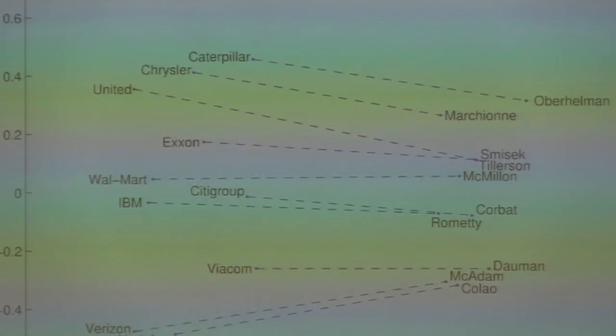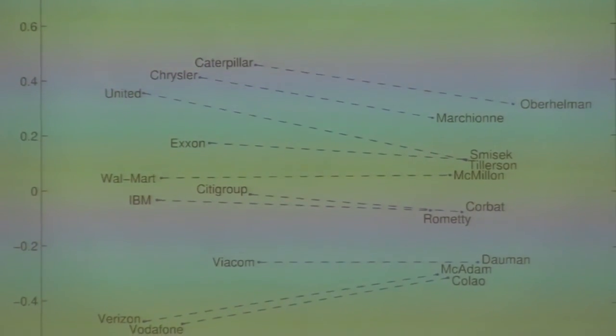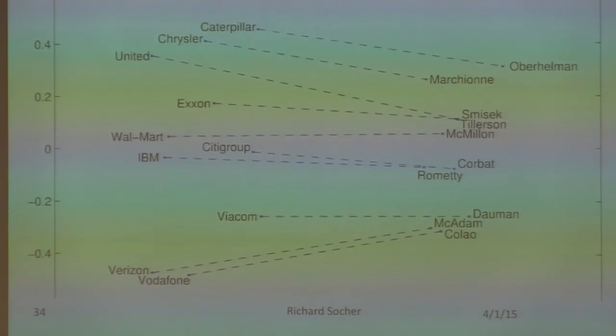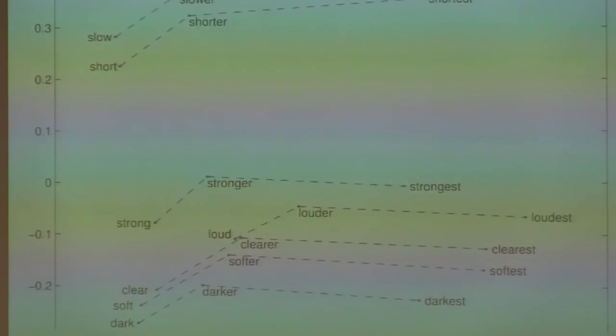It goes as far as, if you train it on more recent corpora, it also gets the relationship of a company and their CEO. So you have Caterpillar and Oberhelman or something, with basically similar relationships. So it's amazing. And if you want to read more about the underlying mathematical intuition of why these things happen, I can definitely recommend reading Jeffrey's paper on the GloVe vectors.